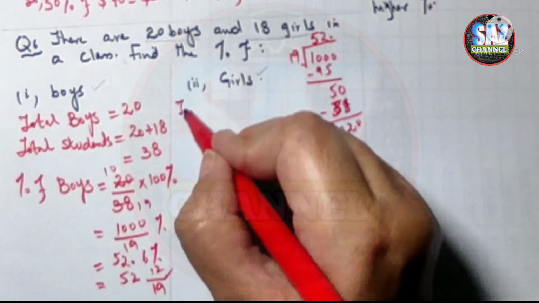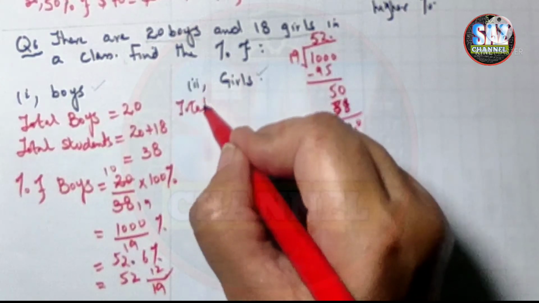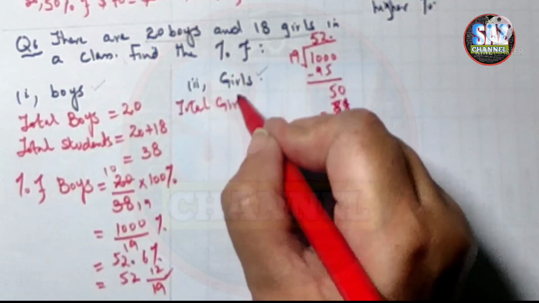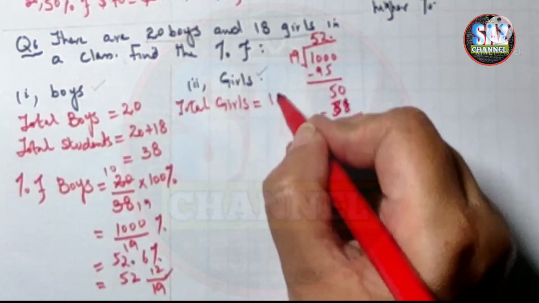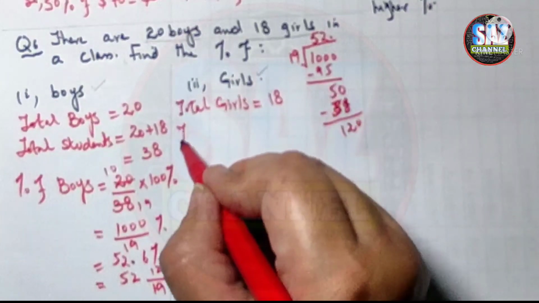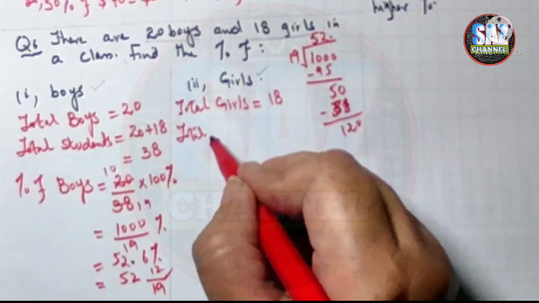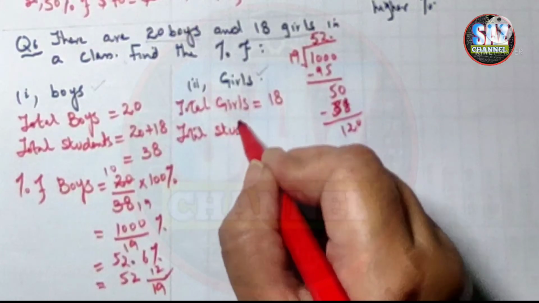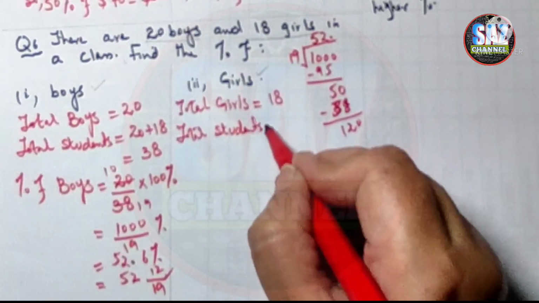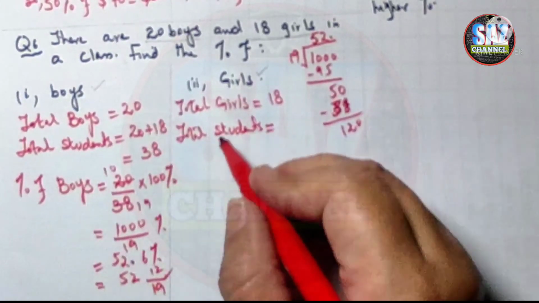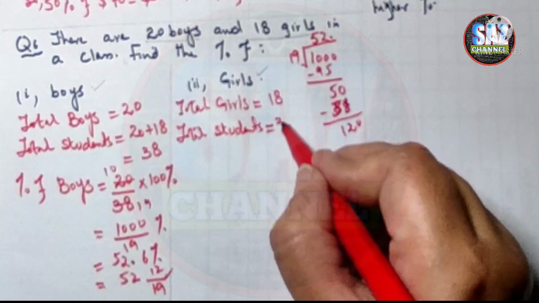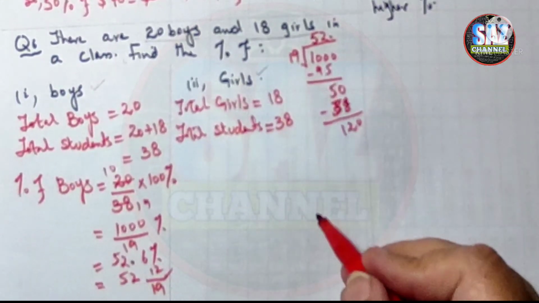Total number of girls, or total girls, 18, and total students 38, because we have done the working over there. 38, I will not be struggling for that again.